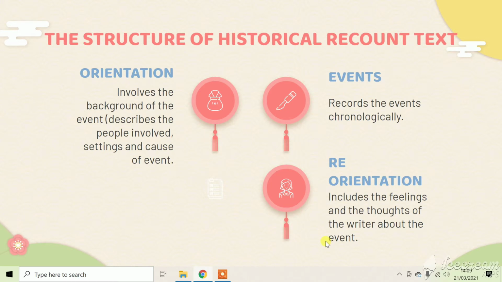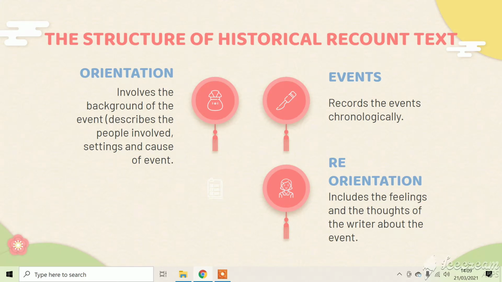Well, we'll continue to events. Events here is the second part of the structure of historical recount text. It records the events chronologically. So remember, based on the definition just now, historical recount text tells in chronological order.